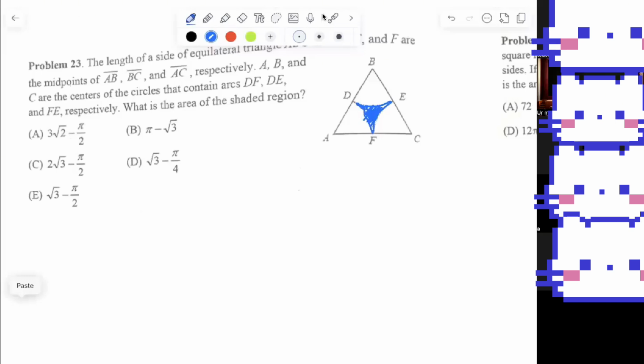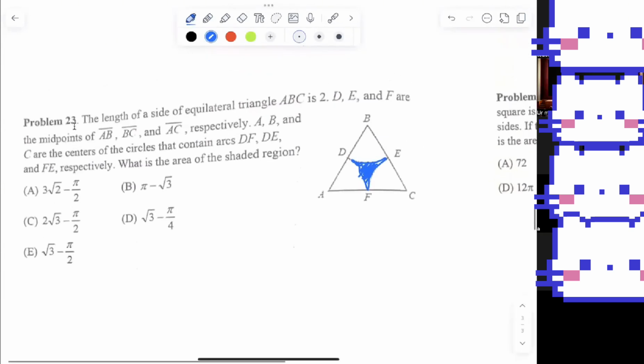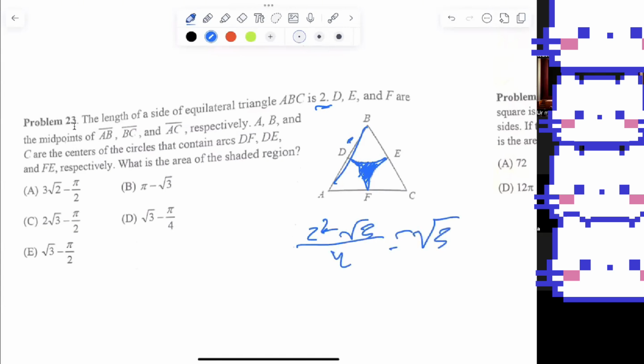So let's go on with it. Basically, all you do is find the area of the equilateral triangle, where the side length was 2. So from there, 2 squared times square root of 3 divided by 4 gives us square root of 3 as the area of the equilateral triangle.